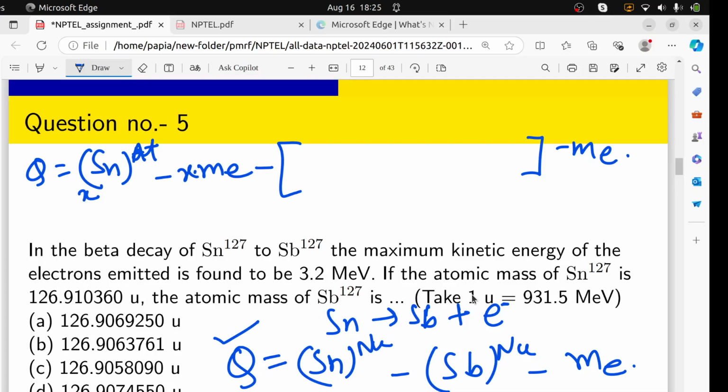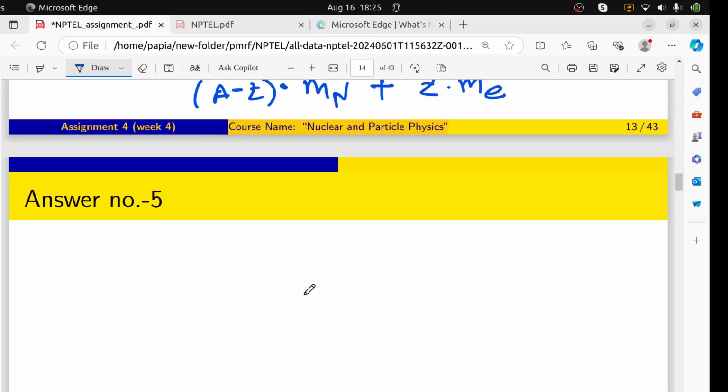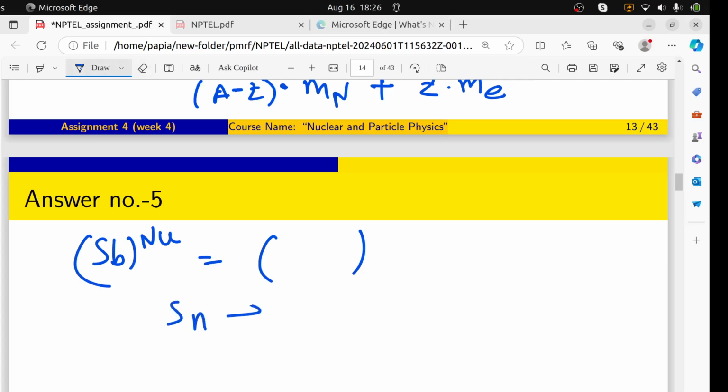Now Sb nuclear should be something as a function of Sb atomic. We need to check that. Just remember, Sn was there, then Sb plus electron.